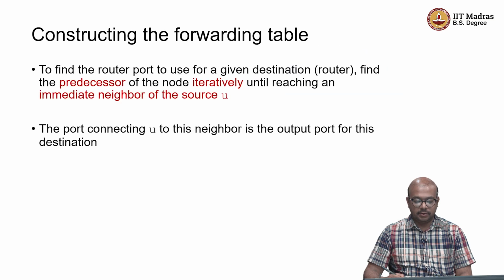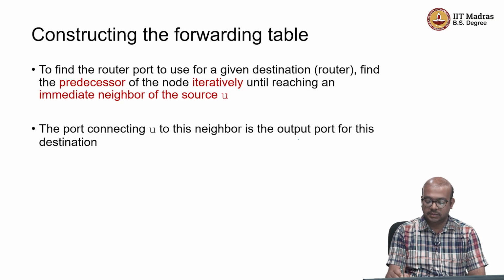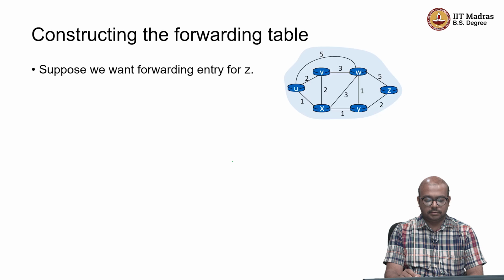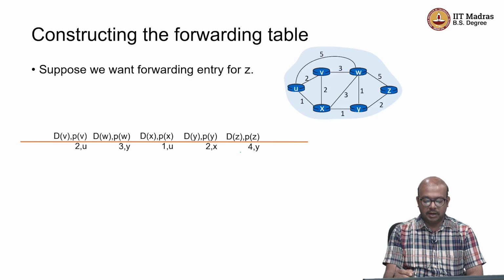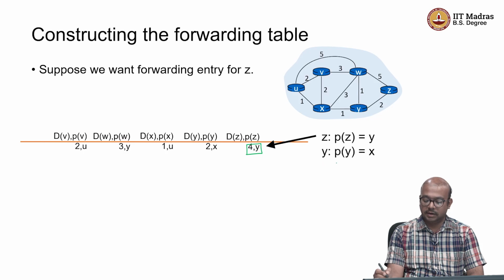Okay, this is exactly what we try to tell here. The port connection to this neighbor is the output port for this destination. So, here again, same example, for z, pz we know is y, and then py is equal to x.